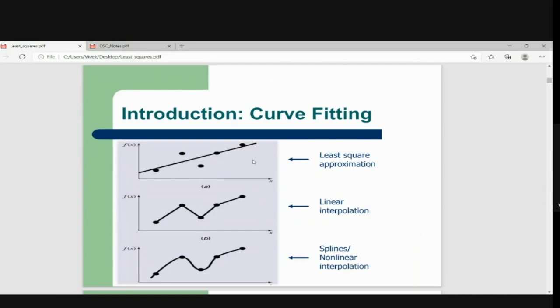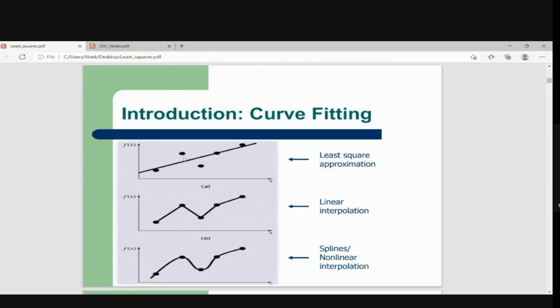Here we have five points. If I want to approximate this with the help of a line, then it is not possible, because to draw a line we need minimum 2 points, and in this case the 5 points are there and these points are not lying on a line.